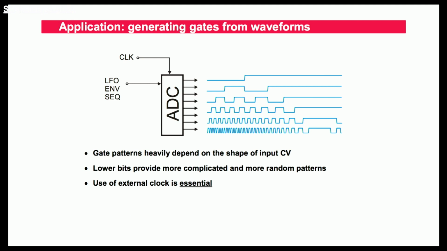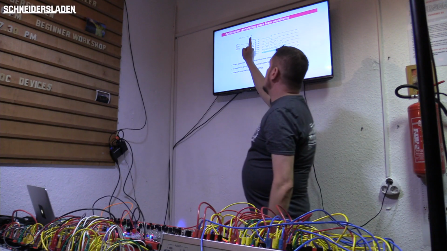Okay, so now let's talk about some applications of Drezno. One of the perhaps obvious applications is that you can generate patterns of binary signals from any analog signal. So you can put some LFO or envelope or a sequence to the input of the ADC part of Drezno and use some clock.